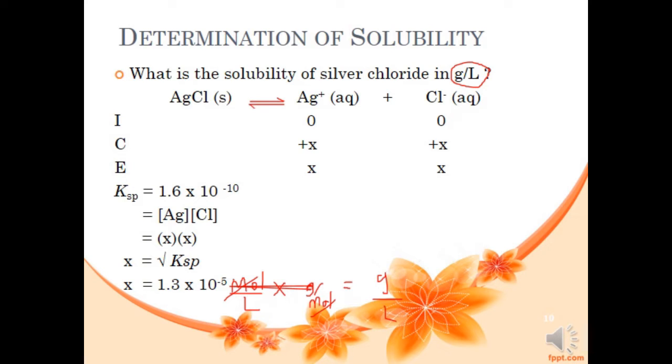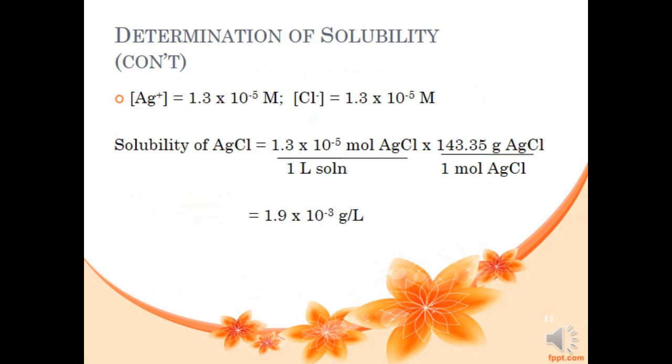So you should be able to solve this question if you were asked to find the solubility in grams per liter. So this is the calculation. The solubility in grams per liter would be 1.9 times 10 to the power of negative 3 grams per liter.